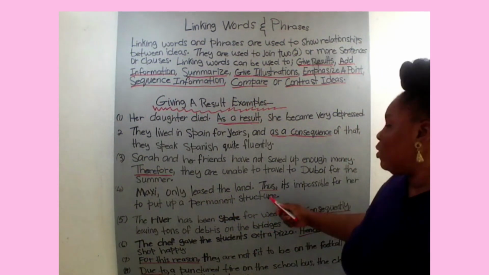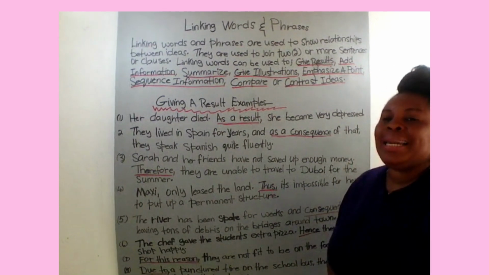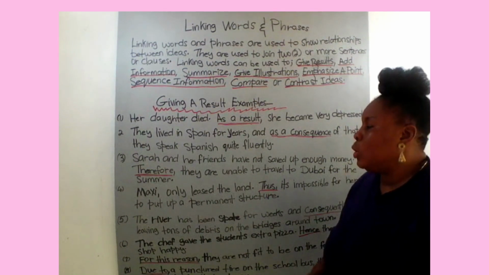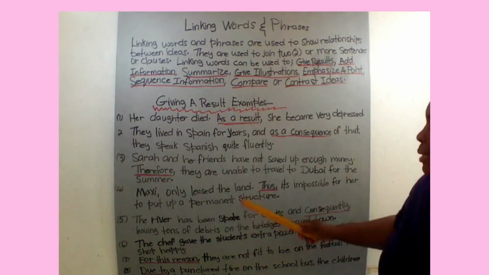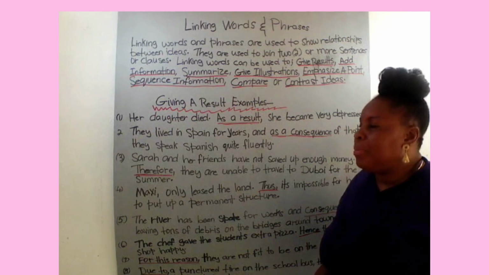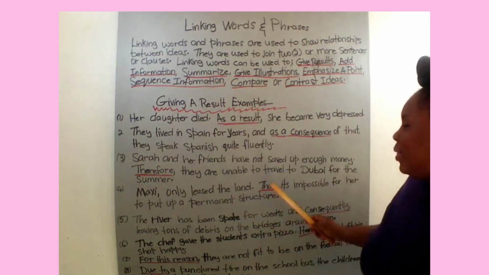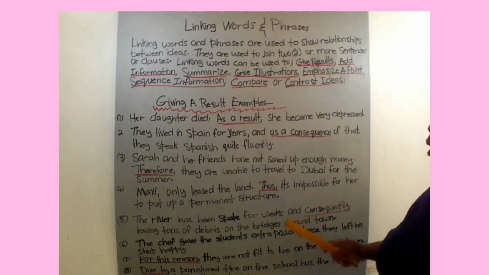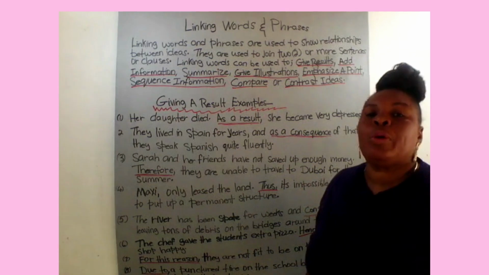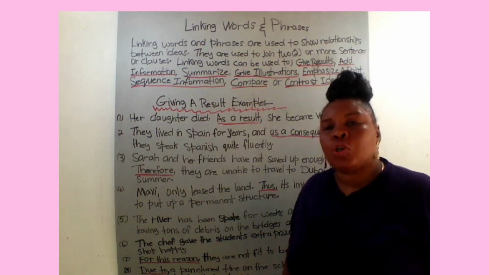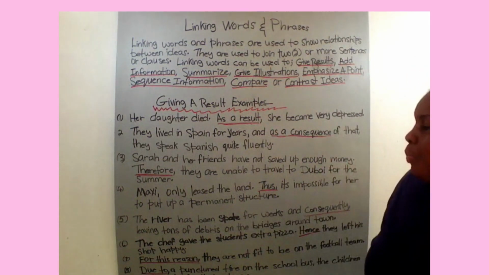So in this case, the word thus would be the linking word. It is linking what? The two different sentences together, right? It's giving you more information. Maxie only leased the land, that is one idea. The second idea is thus it is impossible for her to put up a permanent structure on the land because she what? Only leased it.